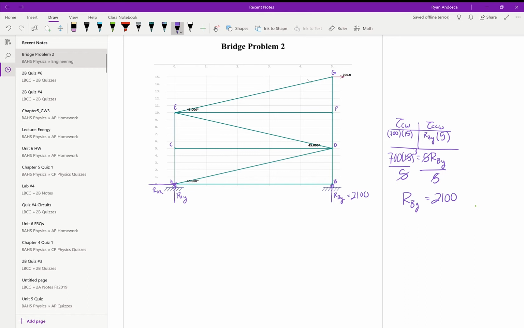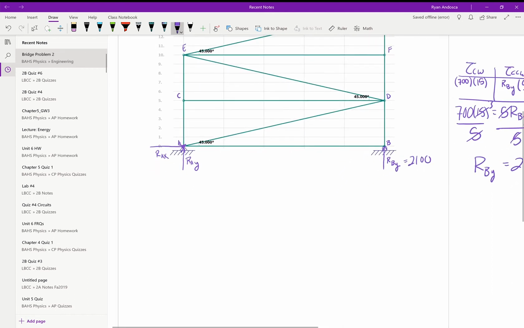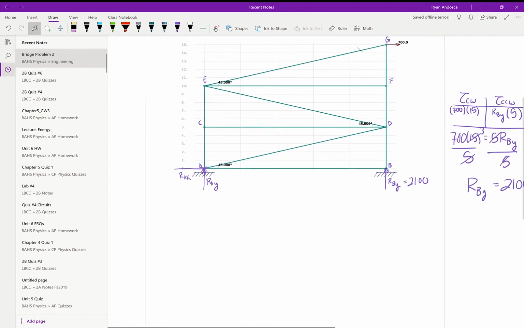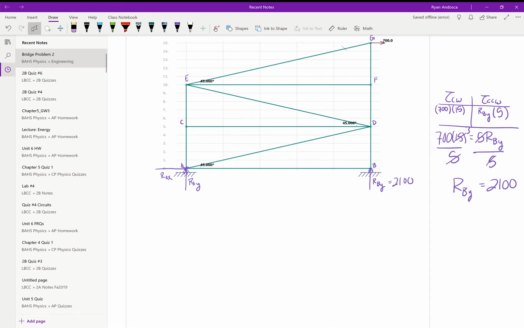Alright, one force down, two reactions to go, and I don't need to really do any fancy tricks to find these two reactions. RAX needs to be canceling only one force, which is this 700 force up here. They need to cancel because otherwise the bridge would be moving left and right, and it can't be doing that. So in order to keep this bridge from moving left and right, if we have a rightward 700 Newton force going on up there, that means that we need a leftward 700.